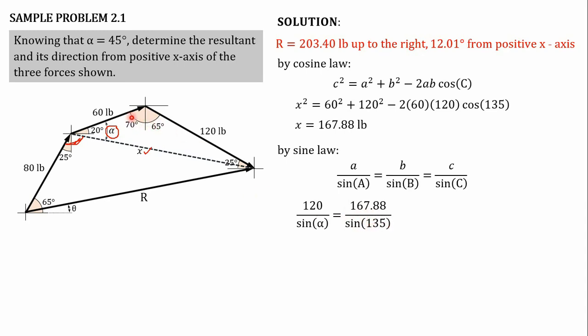That is 65 plus 70. And then we can now solve alpha. Alpha is equal to 30.36 degrees.